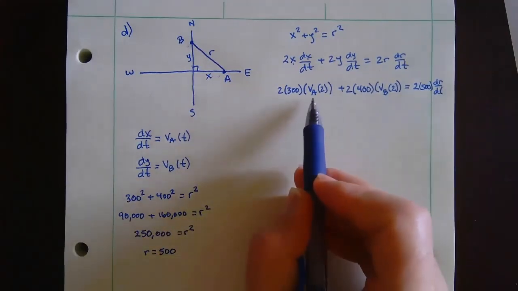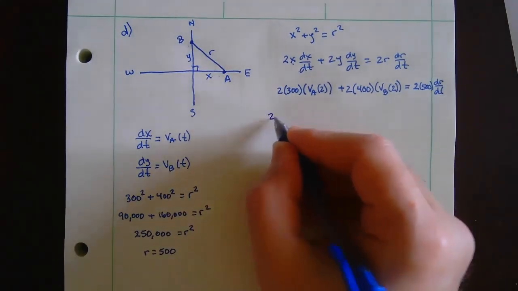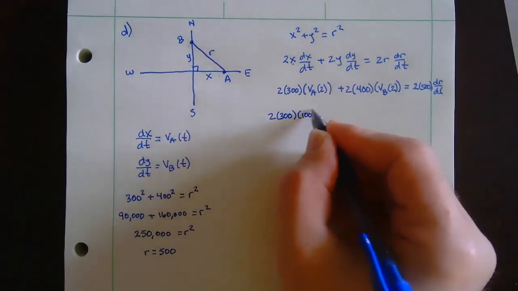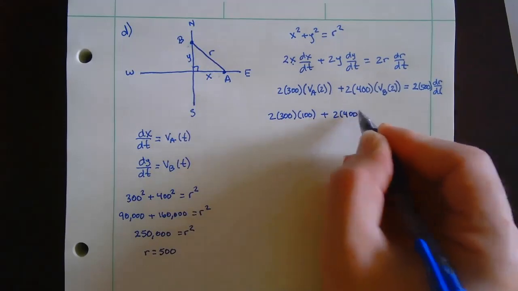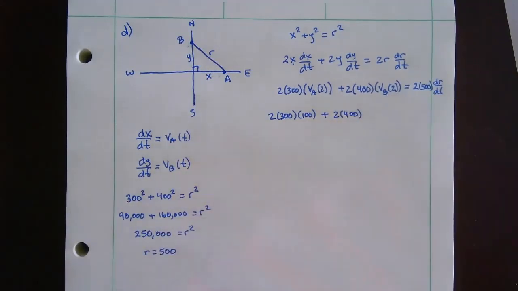Okay, so v sub A at 2, we can use the table, and that was 100. So this is 2 times 300 times 100 plus 2 times 400. And we have to find v sub B of 2, right? But we have a formula for that.